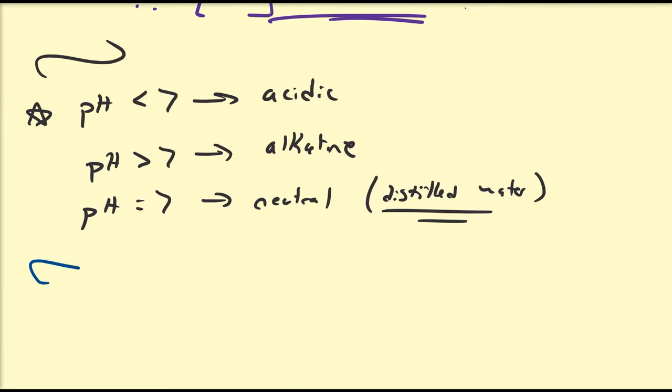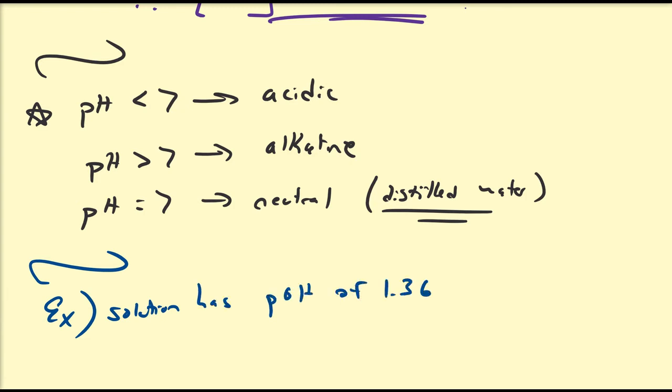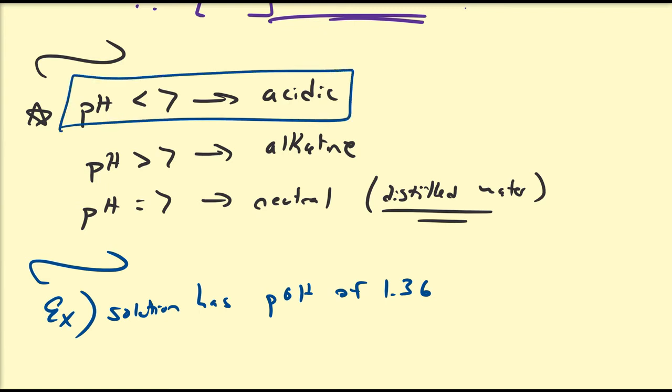All right, so let's just look at one more example of how to do these things. So let's assume we have a solution and it has a pOH of 1.36. So is this solution an acid or a base? So if the pH is less than 7, that means the pOH is greater than 7, right?